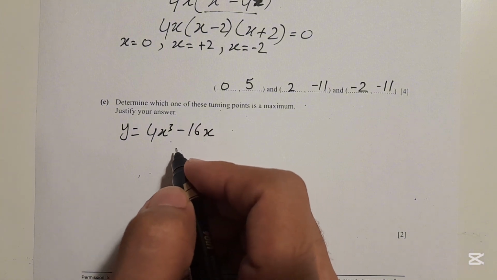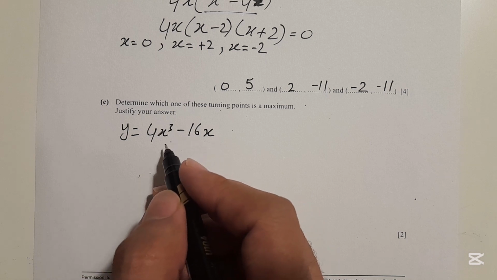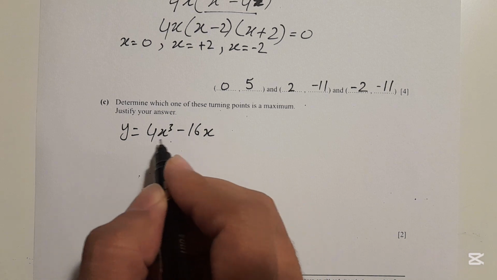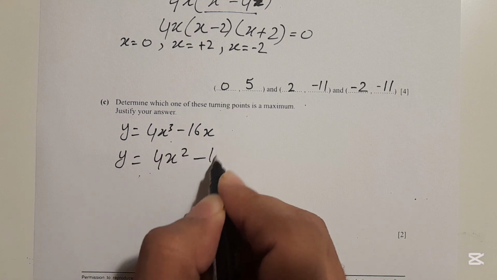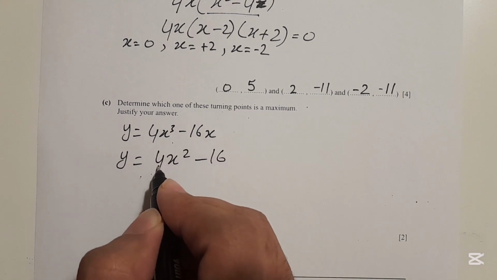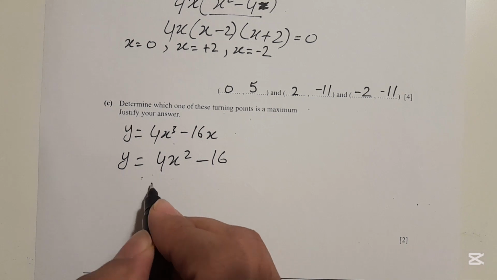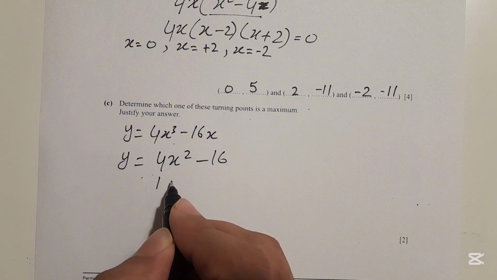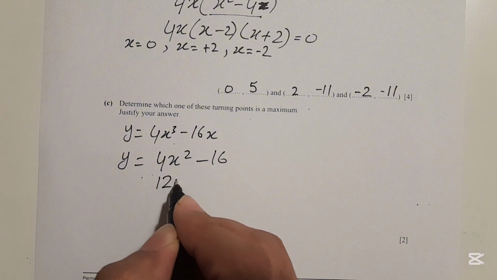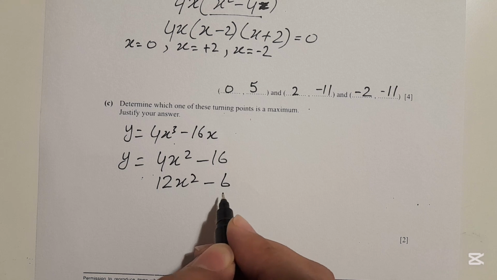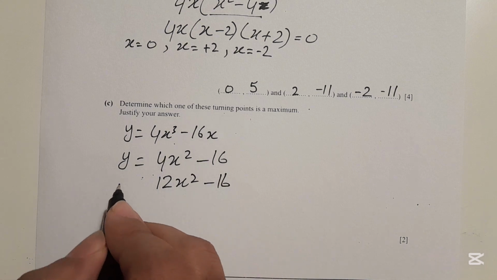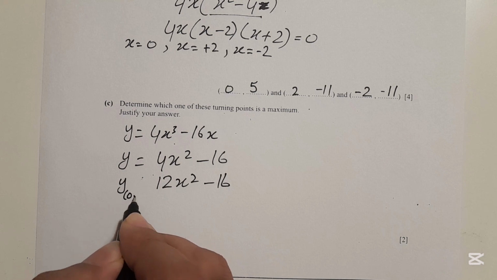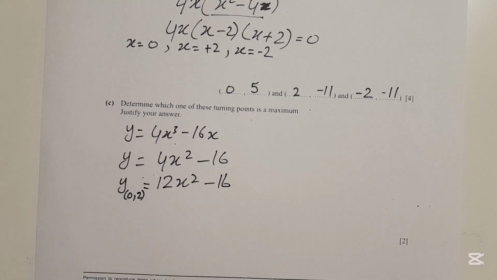So what we will do is differentiate it again, which will be 4 times 3, that is 12, x square minus 16.